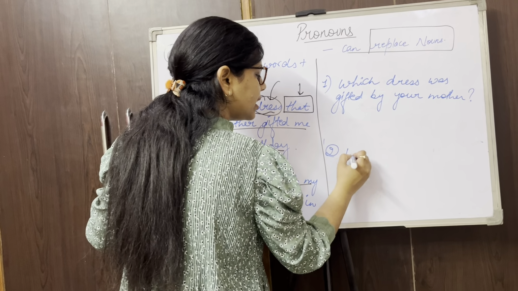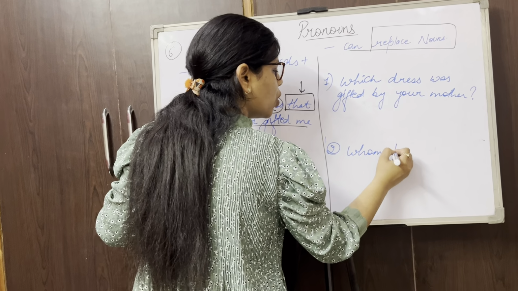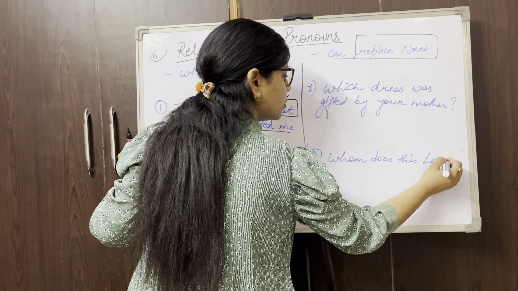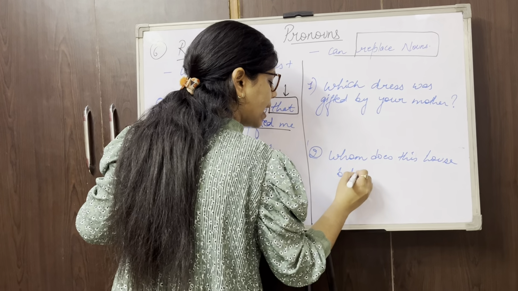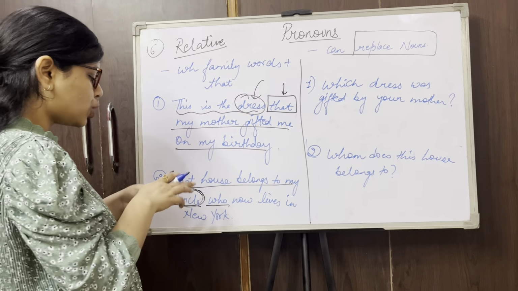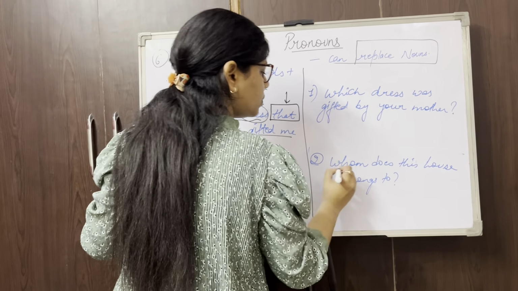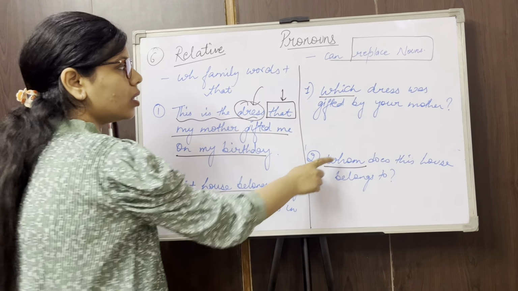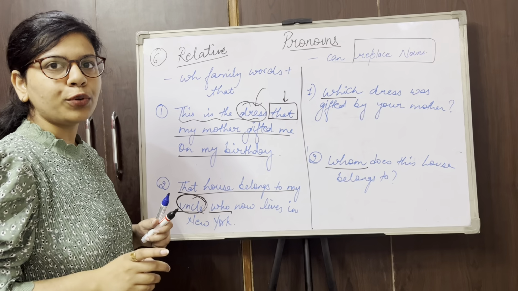Similarly, in the second case, the sentence could be, whom does this house belong to? And again, it will end with a question mark. So here, whom and which are the interrogative pronouns.